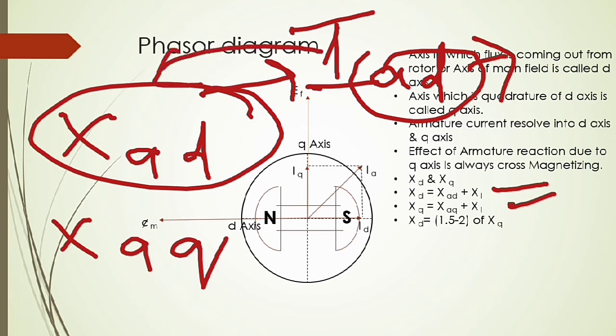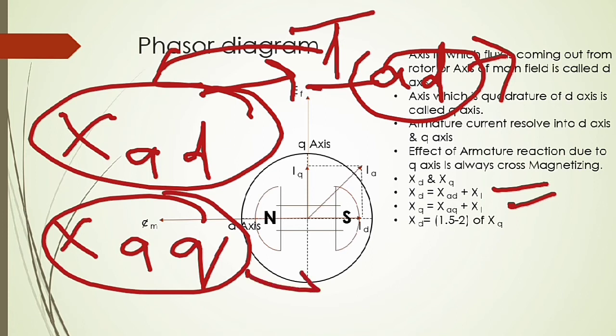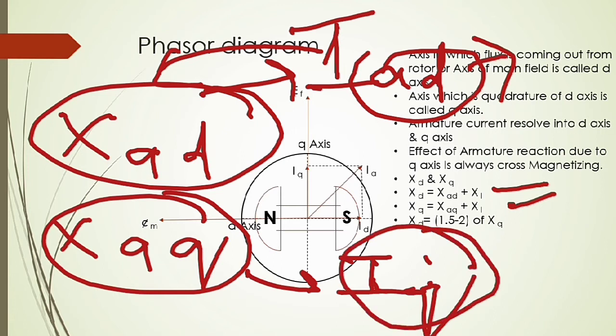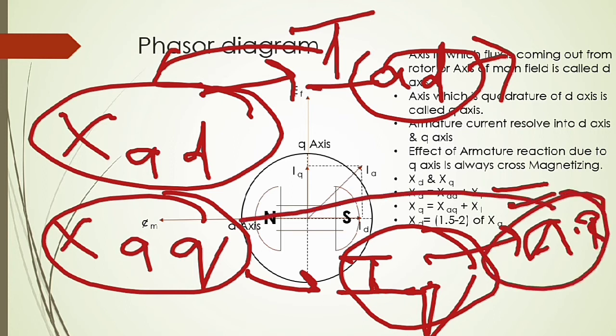For Xaq, with Iq, whatever armature reaction or impact of armature reaction we get is the main reason to calculate the value of Xaq.